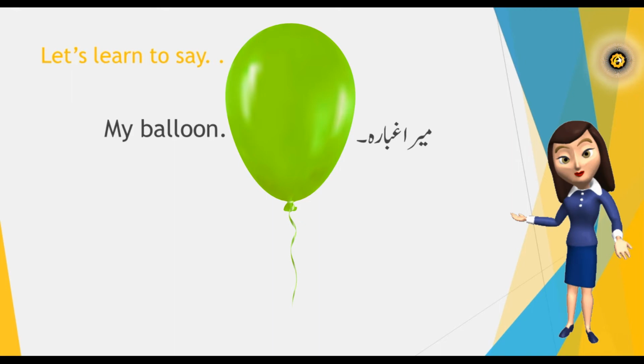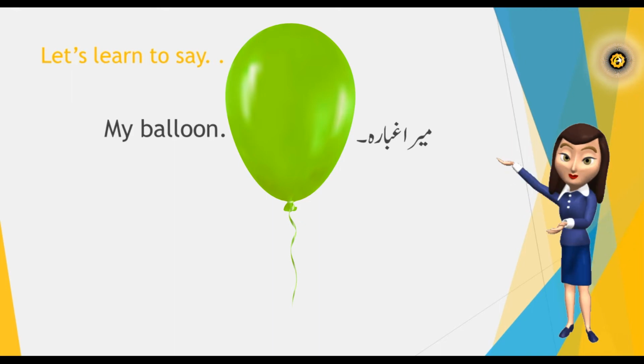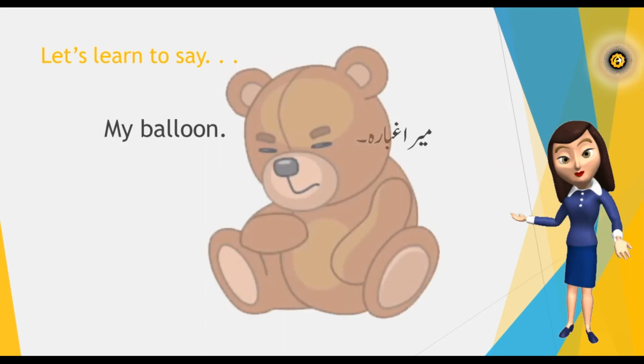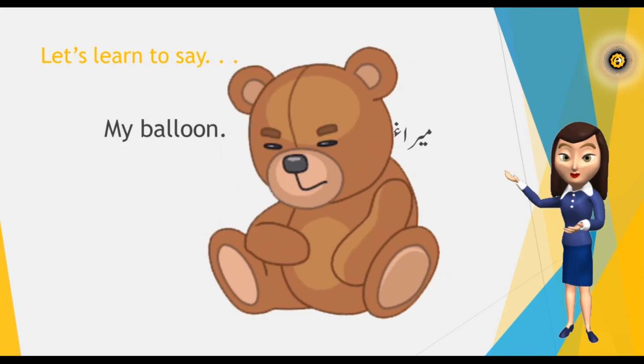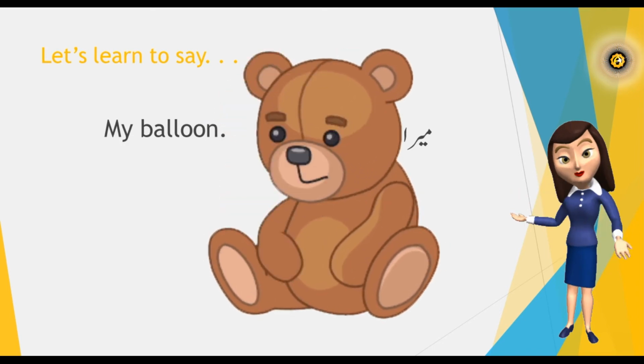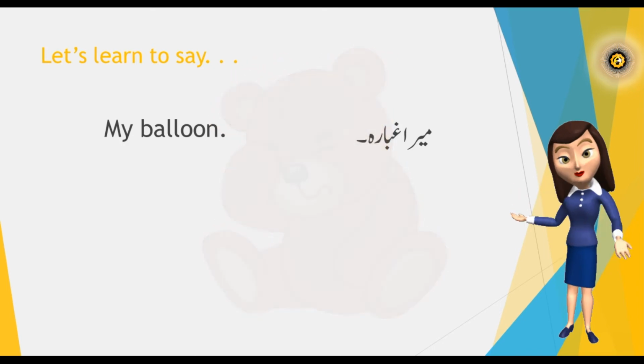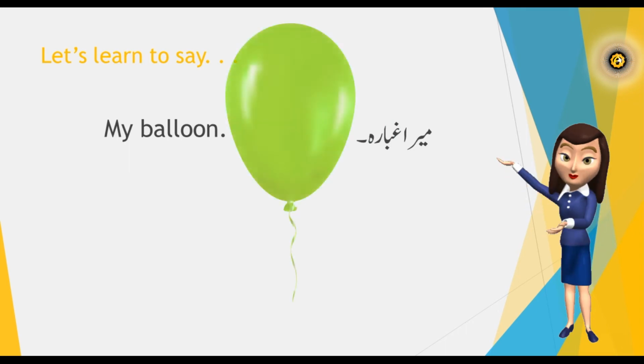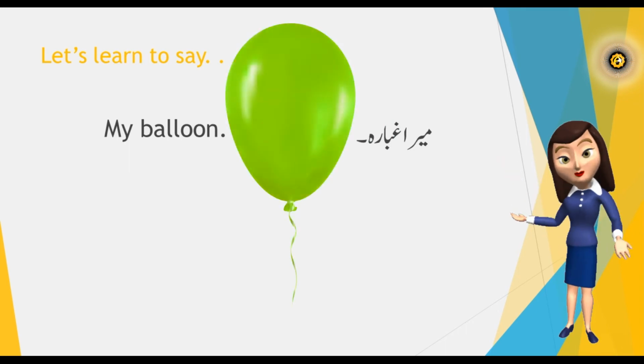Since we are saying my balloon here, with mera we are going to say gubara. If it was a bear, then it was my bear in English, and in Urdu it would be mera bhalu. So with mera, you are just going to take the name of the thing that you are telling about, that it is yours.